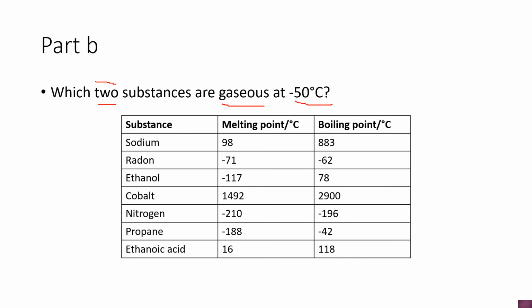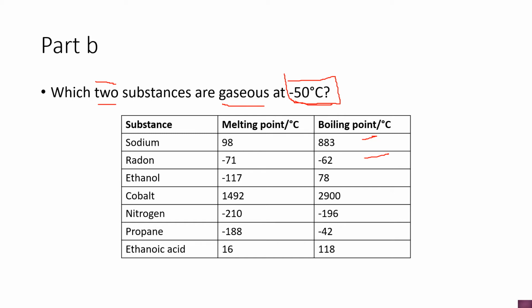So after this point, it is a gas. So now they are asking at minus 50 degrees Celsius. And they are asking for two substances. Now we have to refer to this column.